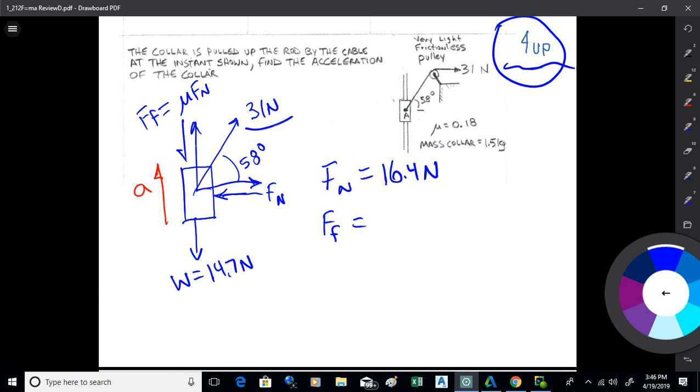Okay, and then you're going to want to find the force of friction, mu times the normal, and then sum the forces and get the acceleration. When I got to the end of this, I got about 5.74 meters per second squared, something like that.